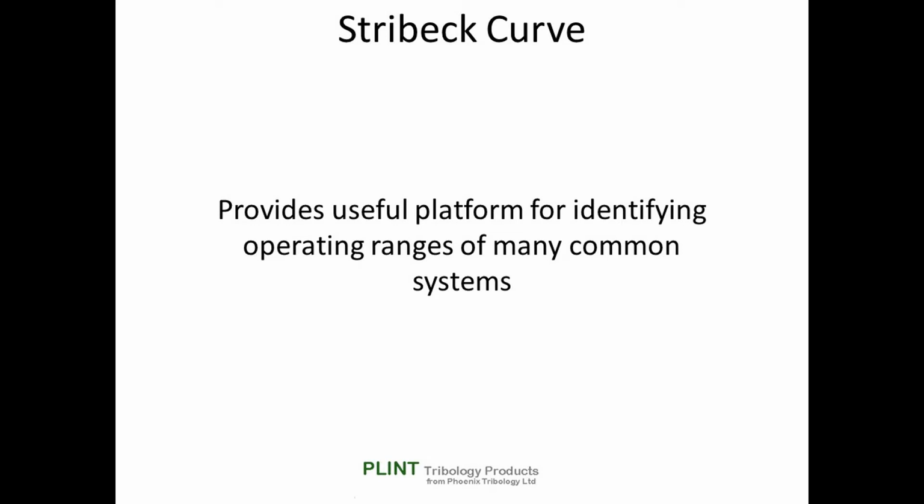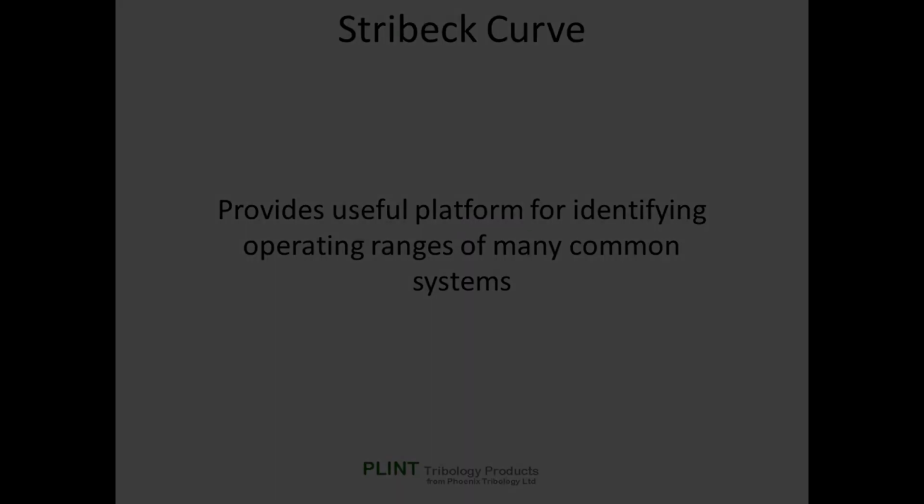Lubricated tribology is sensibly only really relevant to real systems, and it is apparent that such systems operate under a variety of different lubrication regimes. The Stribeck curve provides a useful platform for identifying the operating ranges of many common systems.